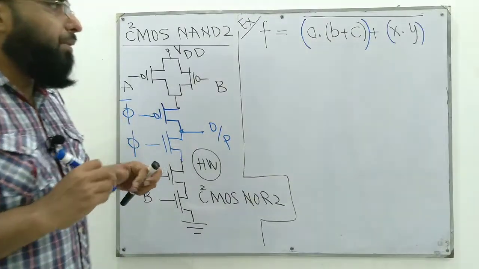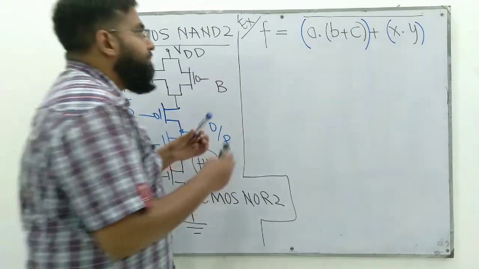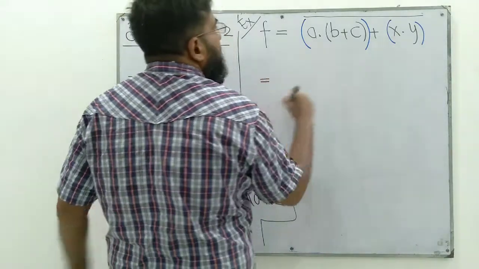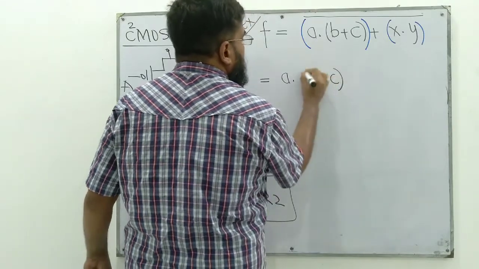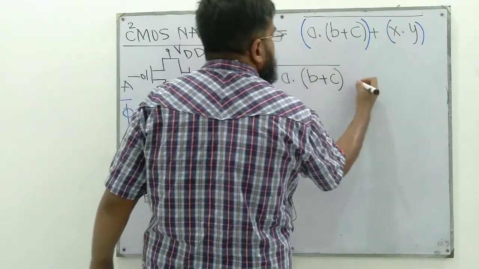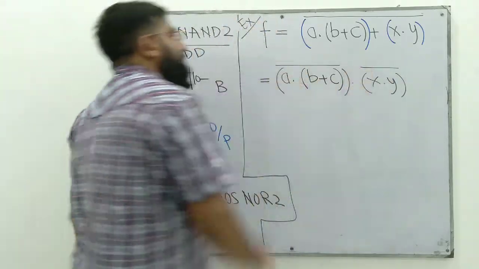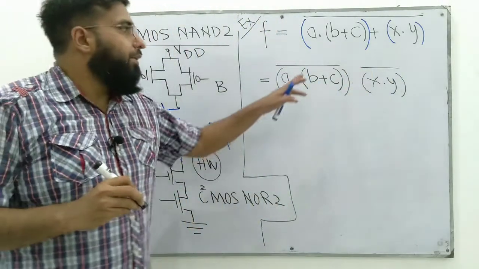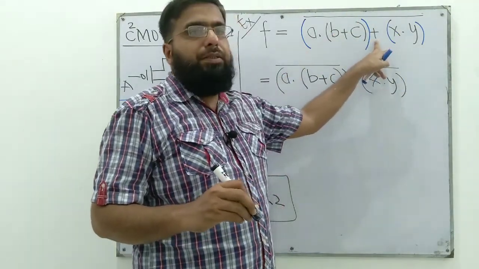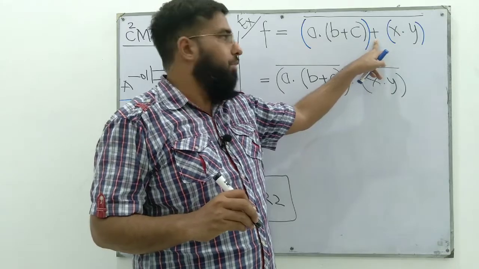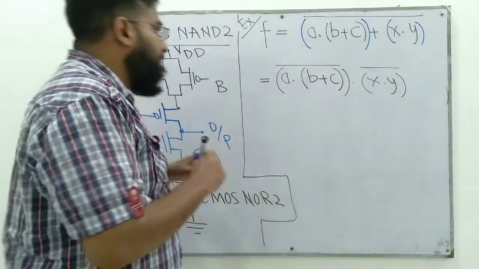Right. To implement the PMOS array, we know we have to apply De Morgan's law. So to apply De Morgan's law, we'll have this A dot B or C dot x dot y. Right. So we have distributed this inversion but have replaced this OR operation with its dual, which is AND.